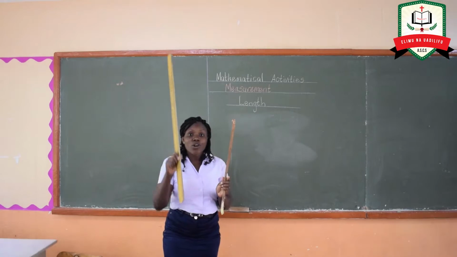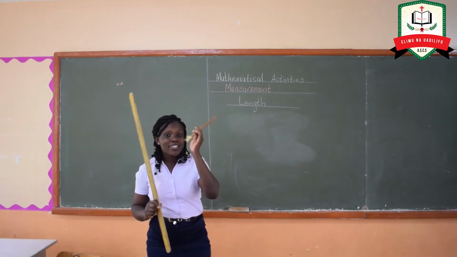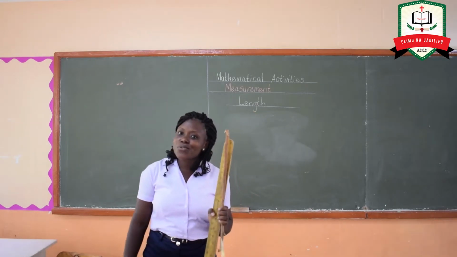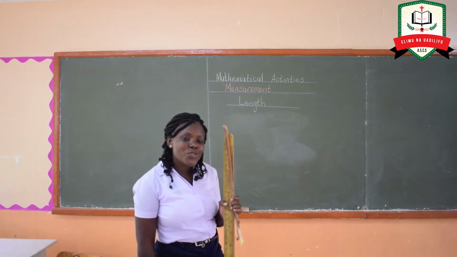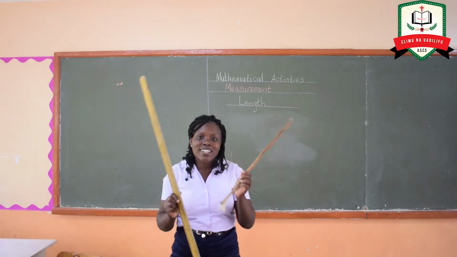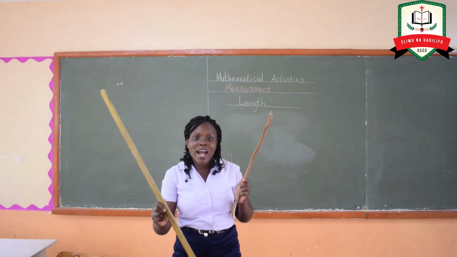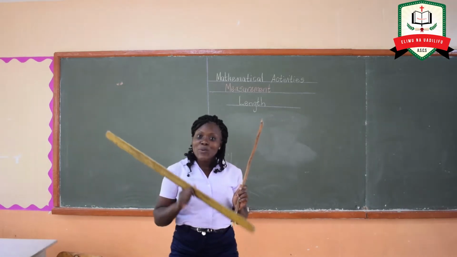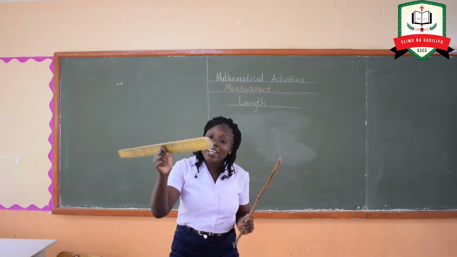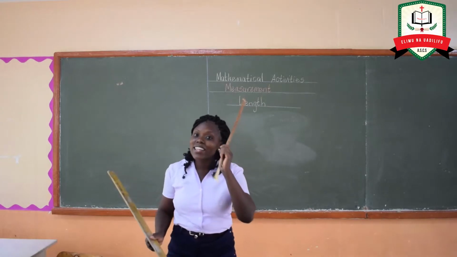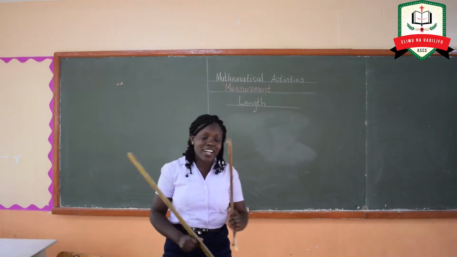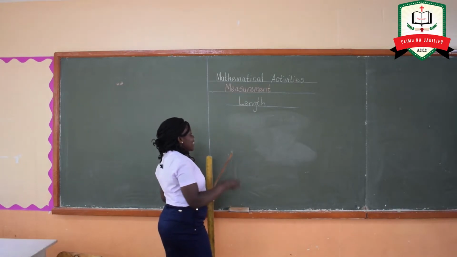The ruler is longer, and the stick is shorter. If you're making a sentence, what would you say? Some of you are saying it correctly: the ruler is longer than the stick.